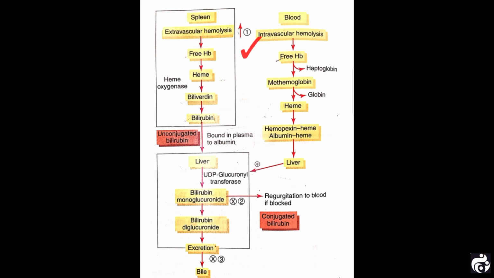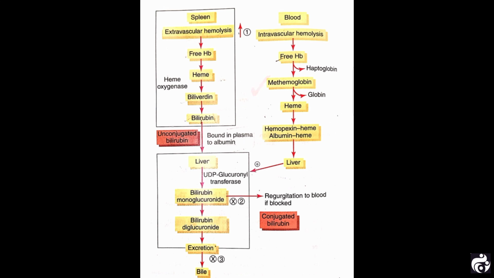Now, if there is excessive intravascular hemolysis, such as in hemolytic anemia, free hemoglobin is present in the plasma, and a part of it binds to haptoglobin for transport to the liver. The rest circulates as free hemoglobin and can be filtered by the kidney.